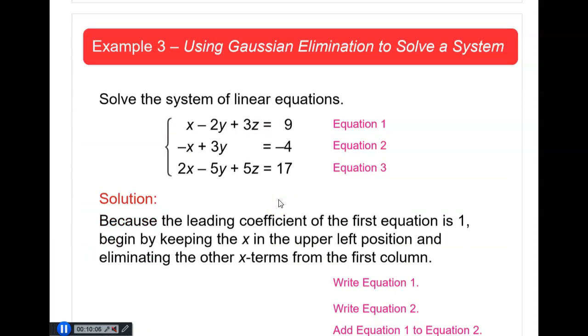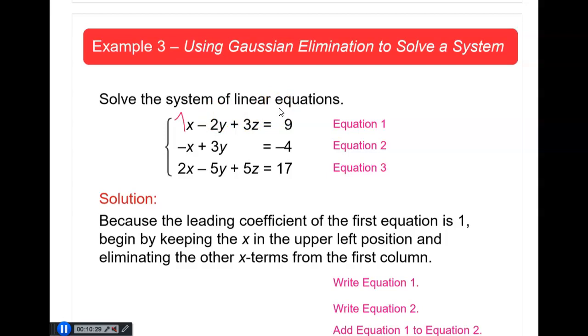Example 3, we're going to use the Gaussian method to solve the system. You could look at equations 1, 2, and 3, and you could see that for our first equation, we already have what we need, which is that 1 for the x.